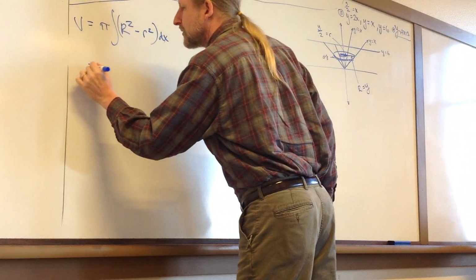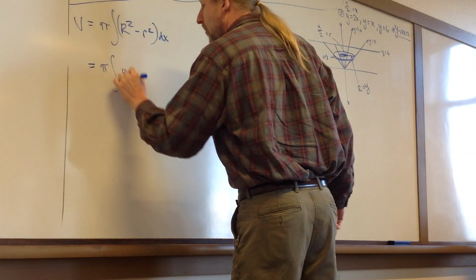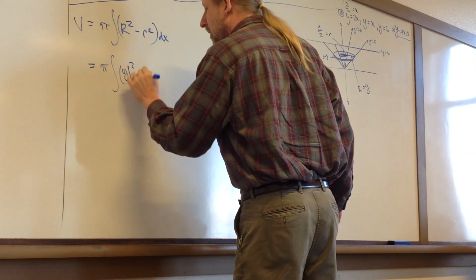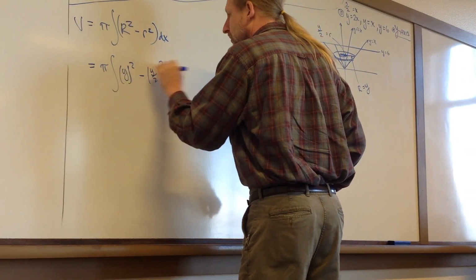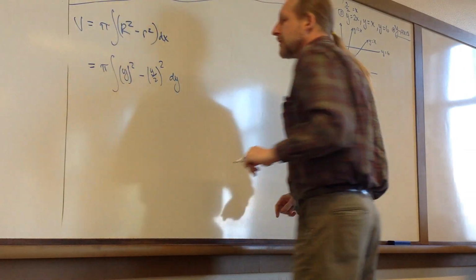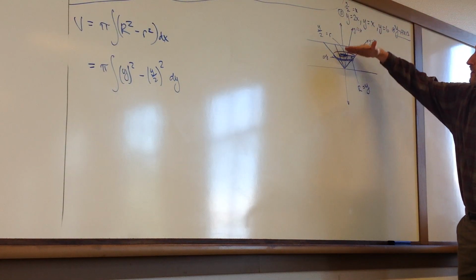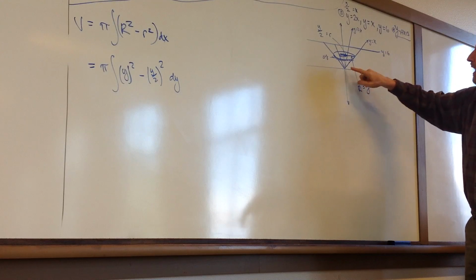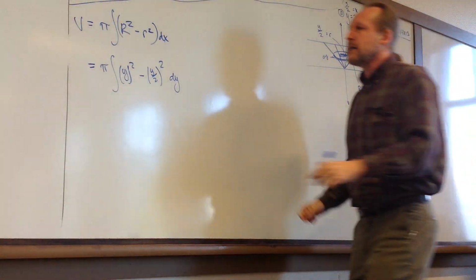So we want this to be pi, and then the big R is y squared, and then the little r is y over 2 squared. And again, we're integrating with respect to y, and so we need our limits of integration to be values of y. We're starting down here at y equals 0, and we're going up to y equals 6.